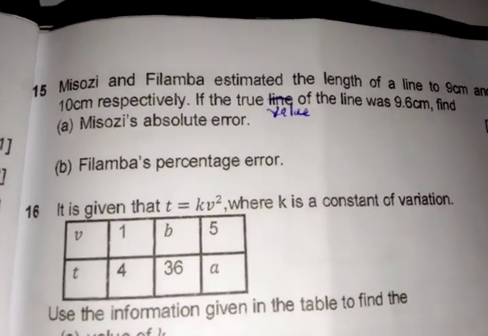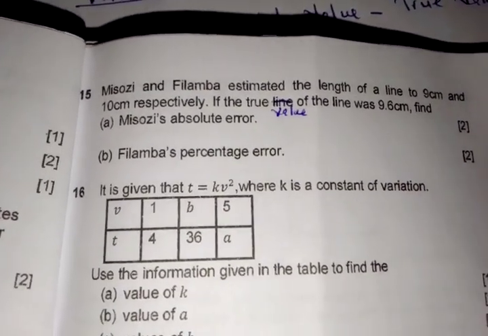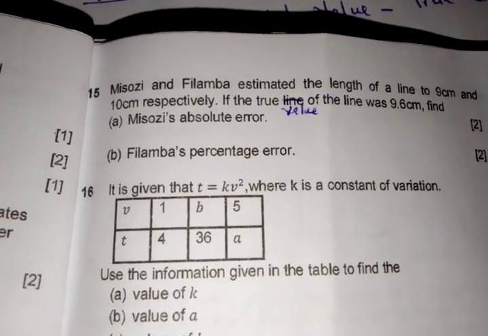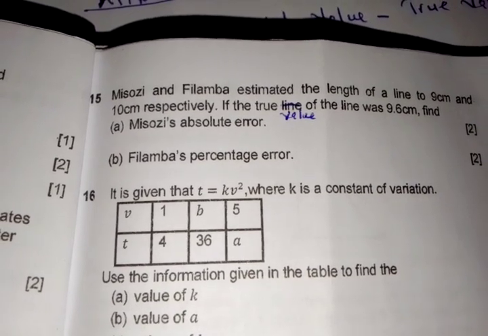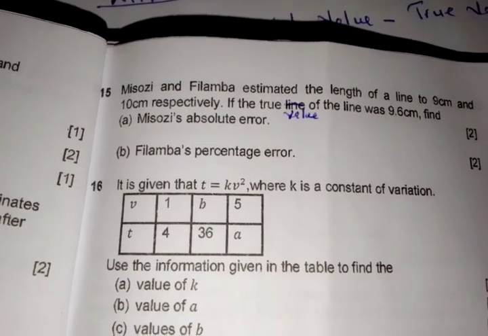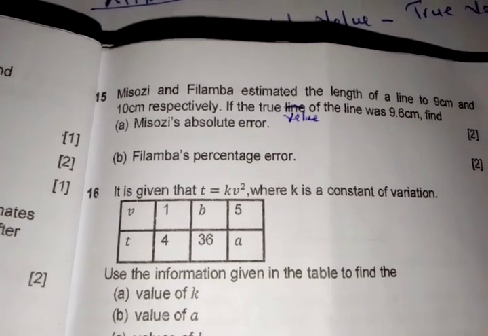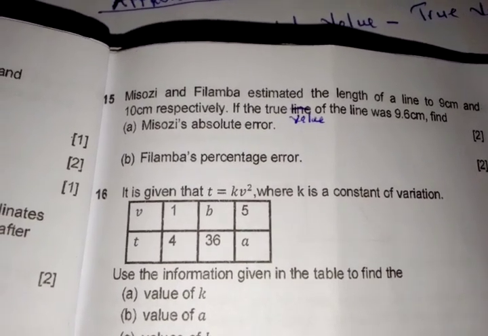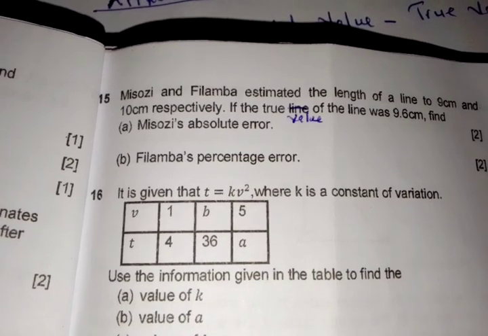We have 2 figures here. The first figure was Misozi's estimate, then the other one was Filamba's estimate. So the first number was estimated by the person mentioned first. So 9 centimeters was Misozi's estimate, and 10 centimeters was Filamba's estimate.